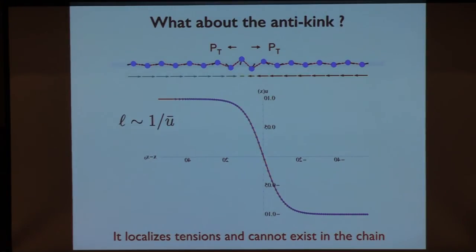But you can clearly see that it's impossible to do that because you would have to put this structure under stress, which you cannot do if these things are rigid. Okay? So the anti-kink, which is the opposite flux of the topological polarization, corresponds to a state of stress.